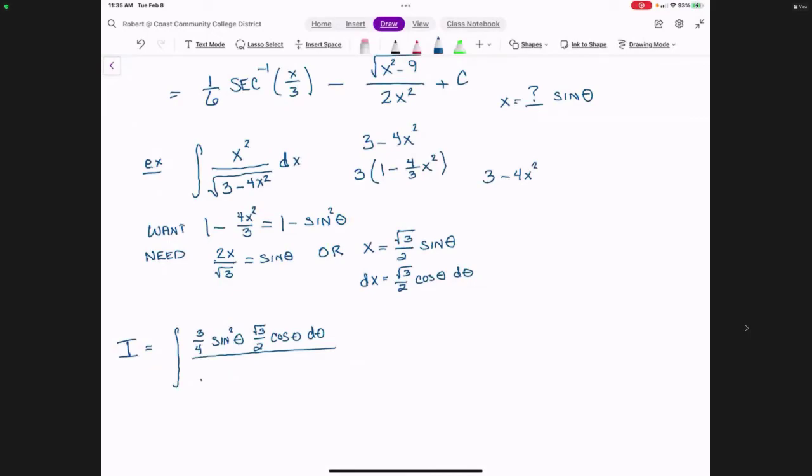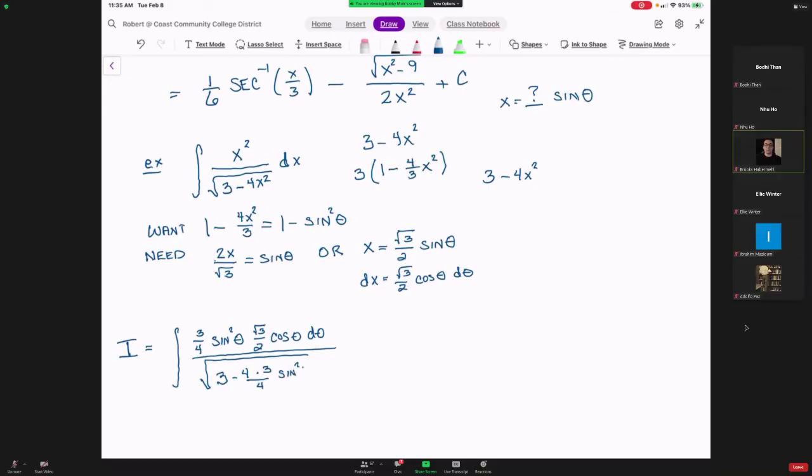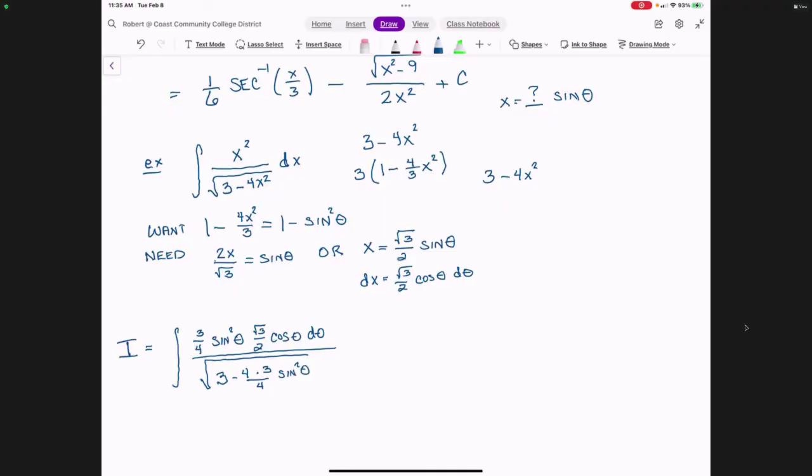Well, how about I just put it in there? 3 minus 4 times... squared. There's the 4, and then here's the 3 over the 4 sine squared theta. Okay, so let's start cleaning this up here.